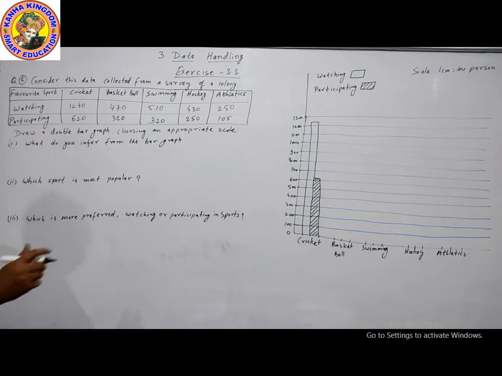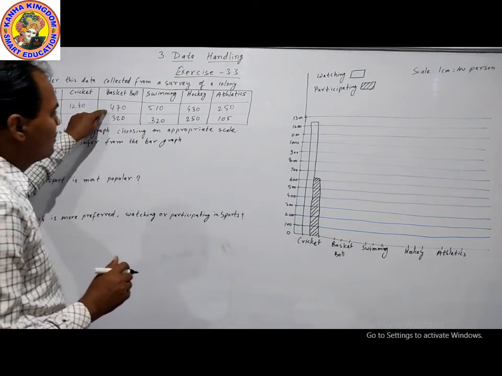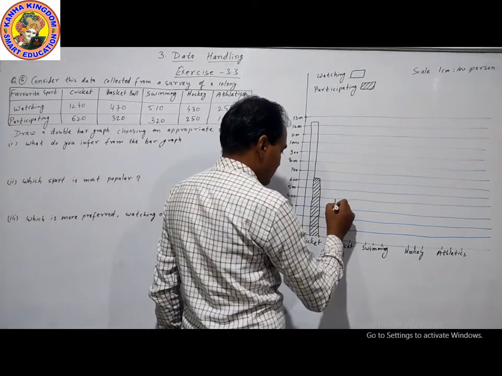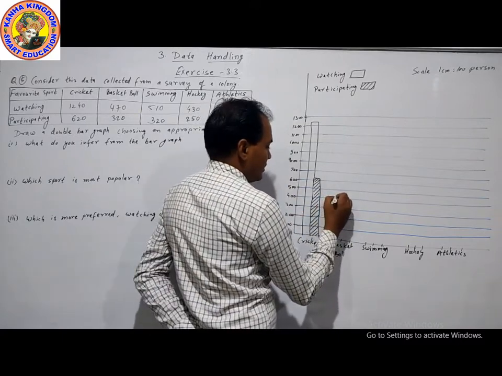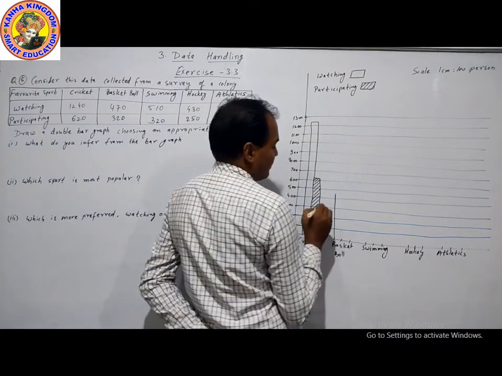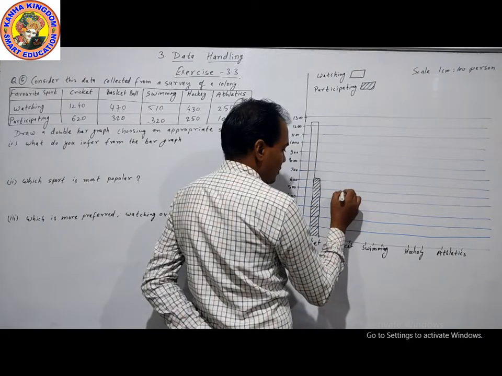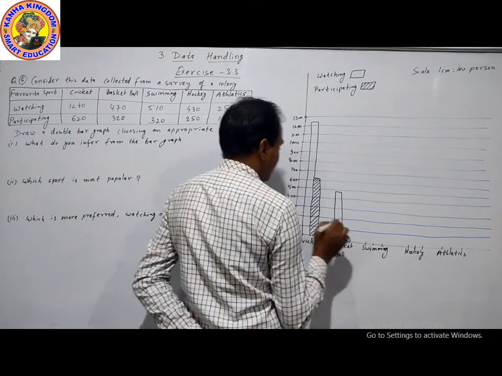Now next is basketball. Watching basketball is 470. This is our 400, half of here is 450, and above from here is 470.